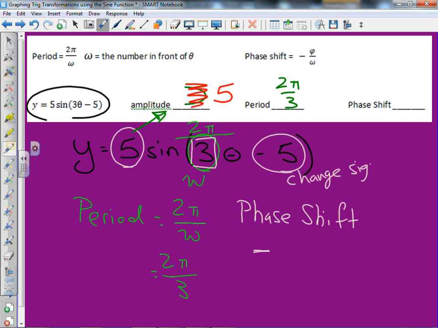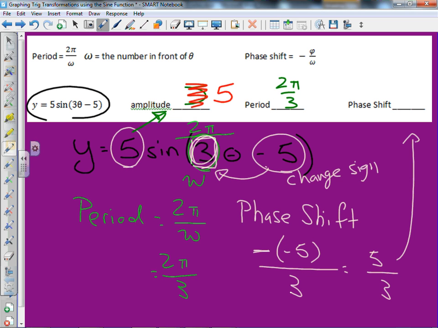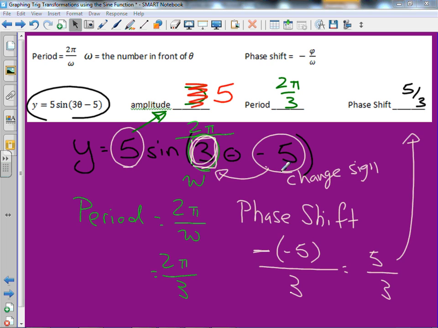If we put a negative out front, that's the same thing as making a negative of a -5. It changes the sign. And we need to divide that by our omega here, our 3. So negative times a negative gives us a +5 over 3. So our phase shift is 5/3.